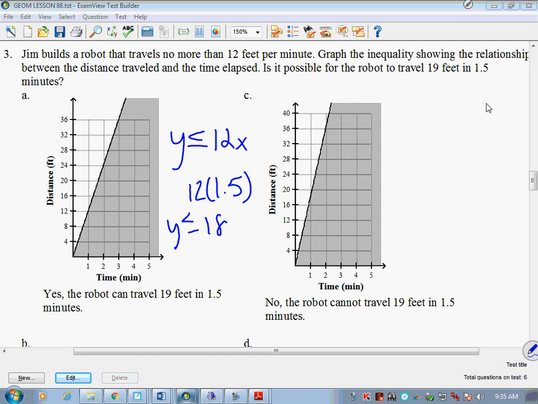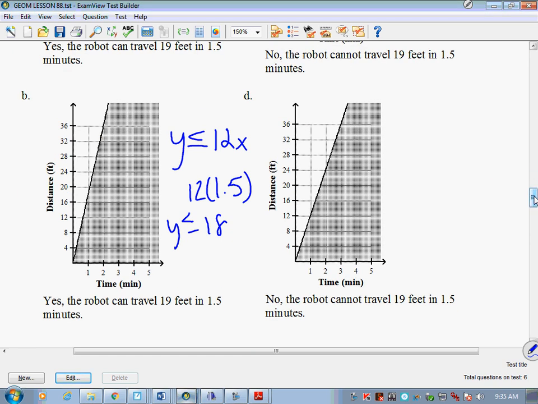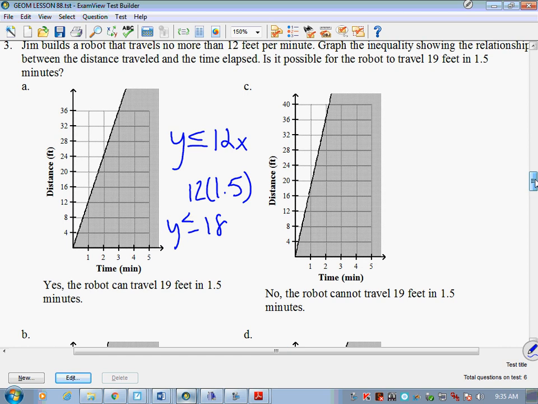So we're looking for options that are going to put me with a no answer. Okay, we see that A is out. C says we can't do it. Okay, let's look at what else is in here. B says we can, and D says we can't. So what do we need to look for between C and D? The graph. Okay, let's come up to C. Let's look at 1 minute.